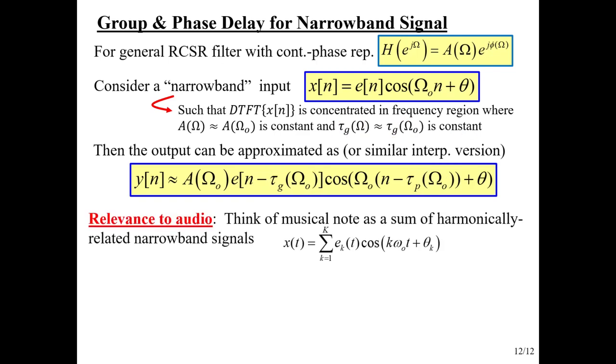So sorry about that. And our relevance to audio, well, we can think about a musical note as a sum of harmonics, right? That comes right out of Fourier. But there's an envelope embedded on that, right? When you play a single note on a piano, the amplitude or the volume starts very rapidly and then dies down almost exponentially. But now imagine playing a violin, but you play it in such a way that you start very soft and get louder and then softer.